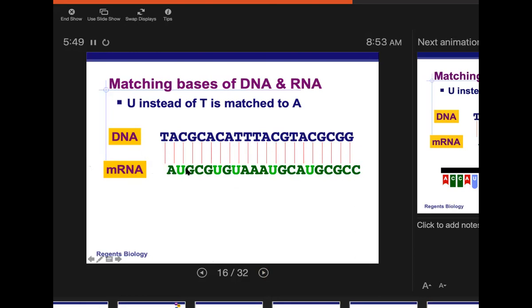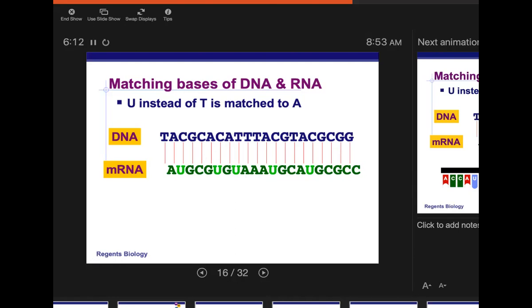So A, U, G, right? C, G, U, G, U, A, U, G, C, A, U, G, C, G, C, C. Any questions on how that strand would be formed?